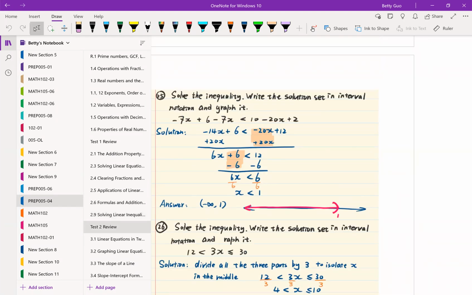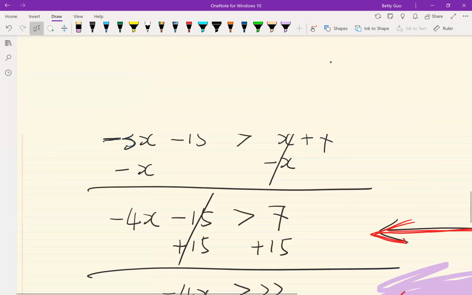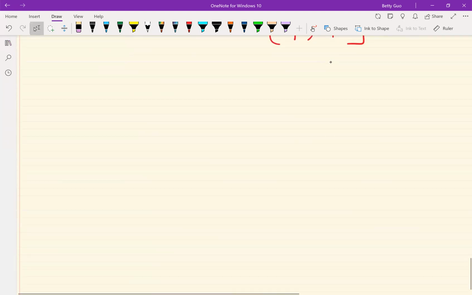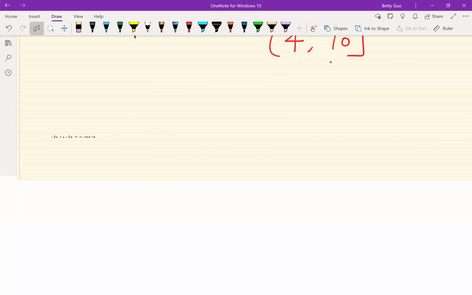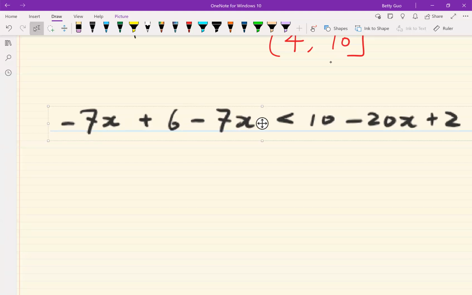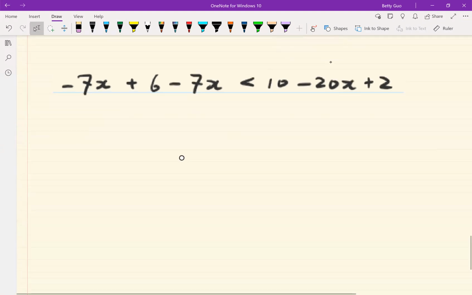Try this one. Take your time, take your time. Solve this inequality.